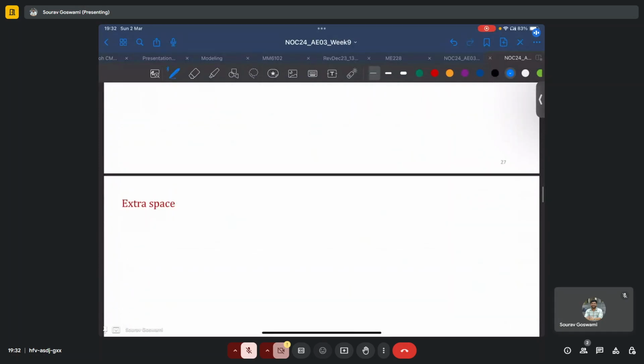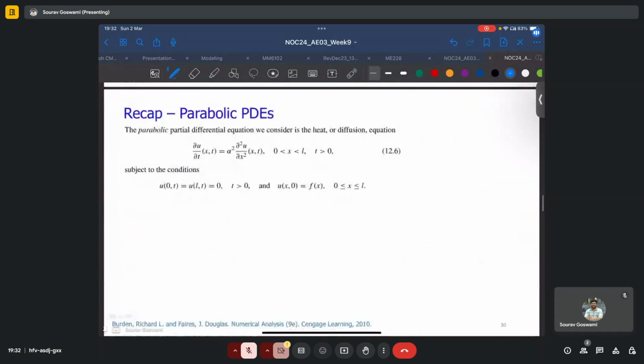We will also look at the pseudocode for this if the time permits, because it is a fairly large pseudocode. For now, let us look at the next type of partial differential equations.